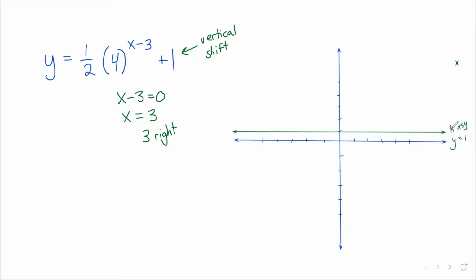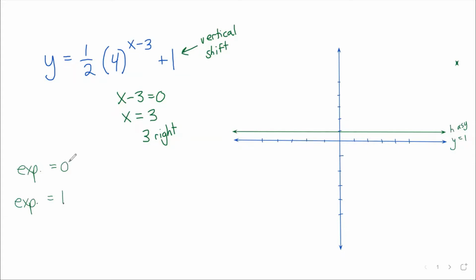Okay, so there's that. And we know that this whole graph is going to be shifted 3 to the right. And we've got a couple ways of dealing with that, but ultimately we're usually going to do these graphs based on 2 or 3 points. And we know that the points that are useful are exponent equals 0 and exponent equals 1. But of course, for this graph, that doesn't mean x equals 0 and x equals 1.